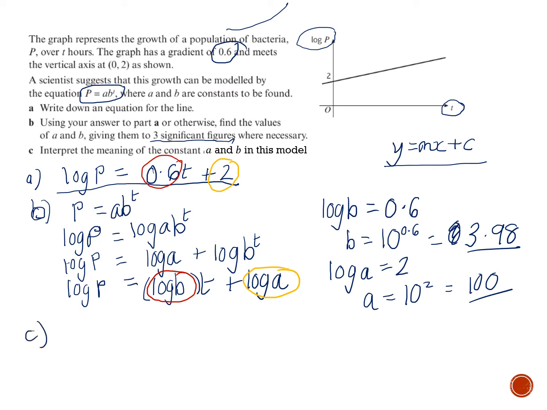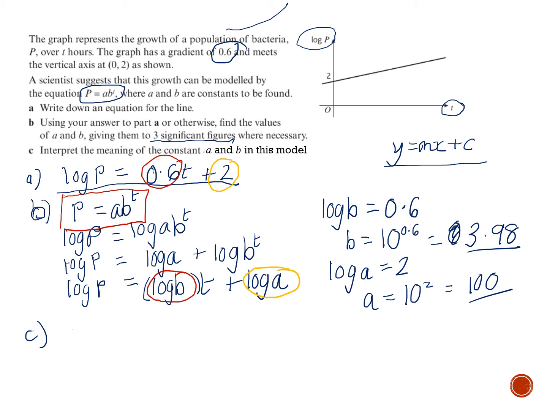Interpret the meaning of the constants A and B in the model. So what we're going to do is go back to our original function. If I said look at that, P equals AB to the T, and I said what does A mean? A is going to be the value of P when T is 0, because B to the power 0 is 1.